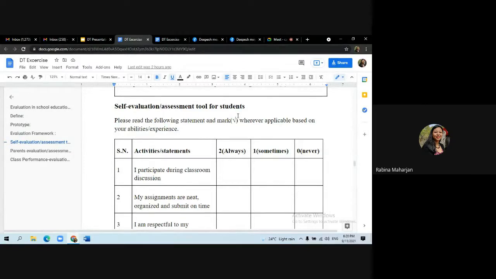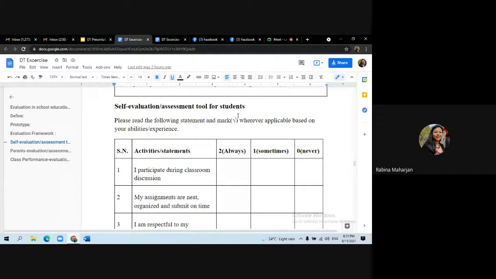This type of self-evaluation and self-assessment not only gives them certain marks, but also fosters the habit of self-reflection, and they will learn their weaknesses and strengths, and they will try to improve their weaknesses.